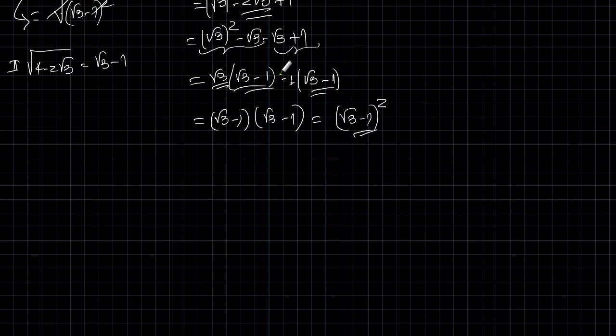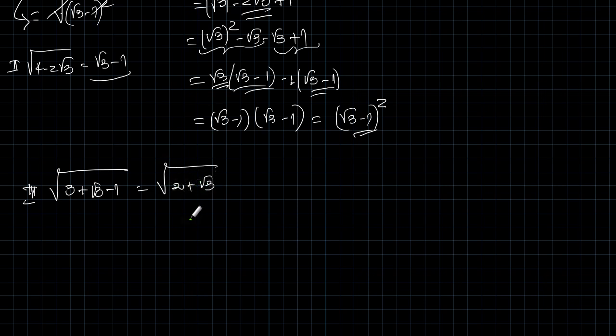So now in our case 3, we would have square root of 3 plus this, right? Plus square root of 3 minus 1. So this would give us 2 plus square root of 3. Well, how do we solve this? What we're going to do is multiply by 2 and divide by 2.